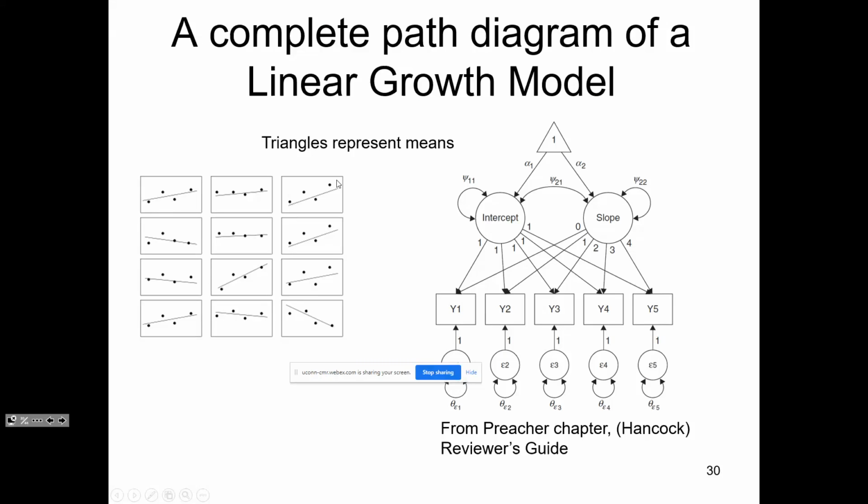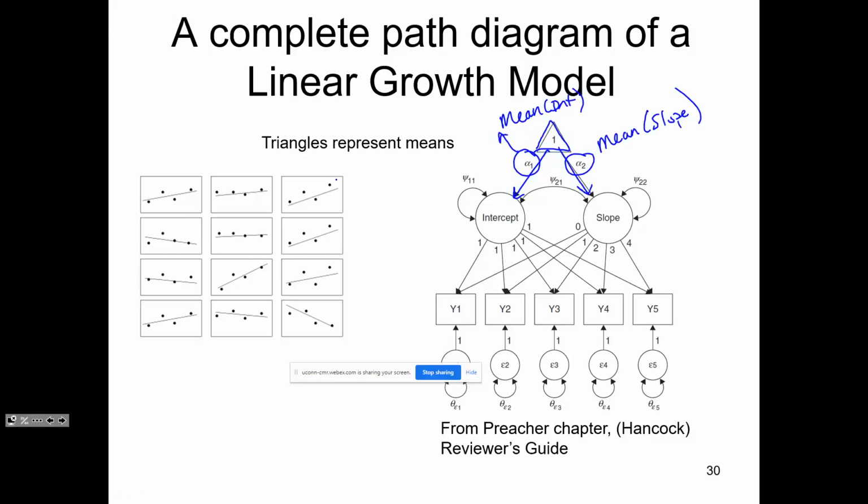When I first saw this, I really hated it, but it's grown on me. What this is saying is, this is actually the parameter for the mean of the intercept, right? And this is the parameter for the mean of the slope.